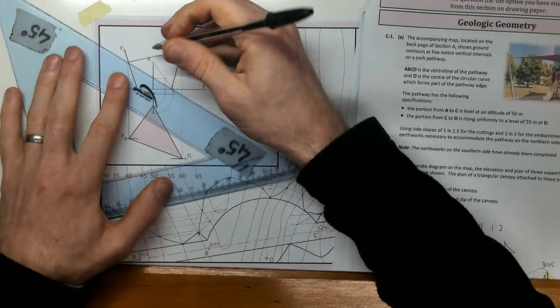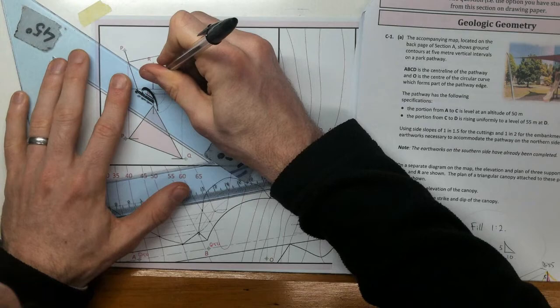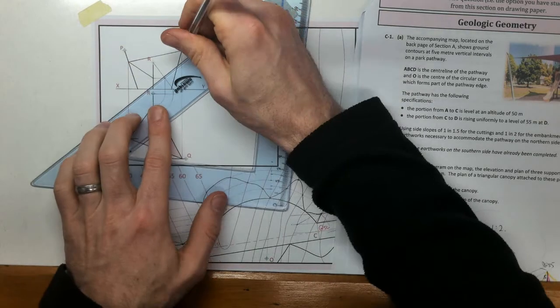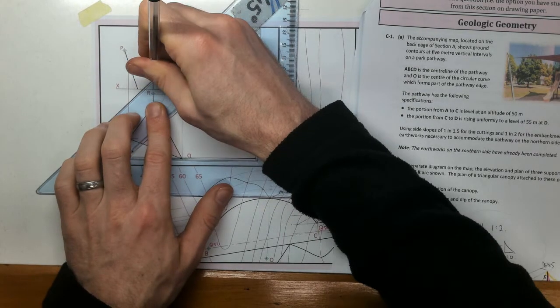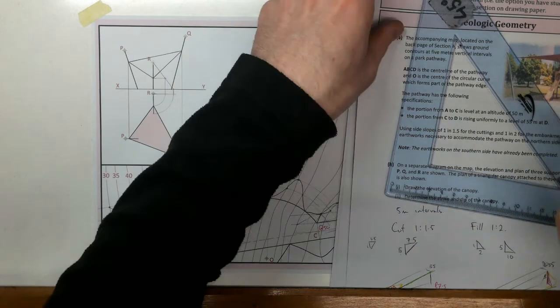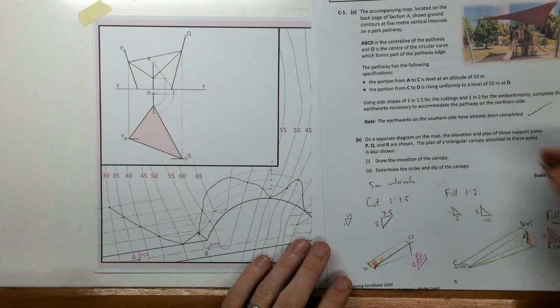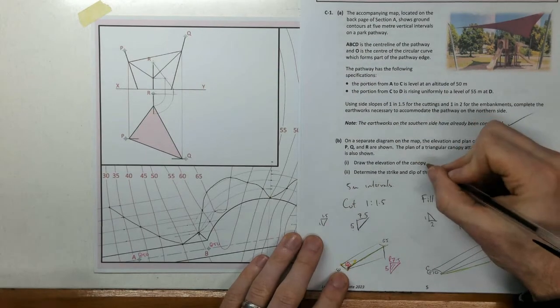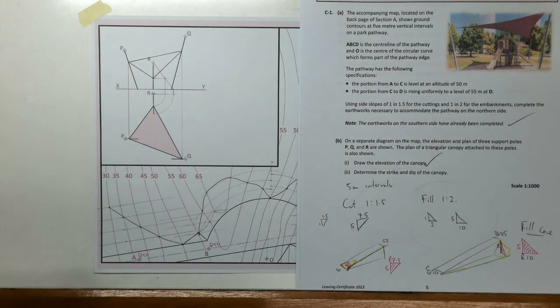So here's my canopy. Canopy found there. So elevation of the canopy found. Determine the strike and dip of the canopy.